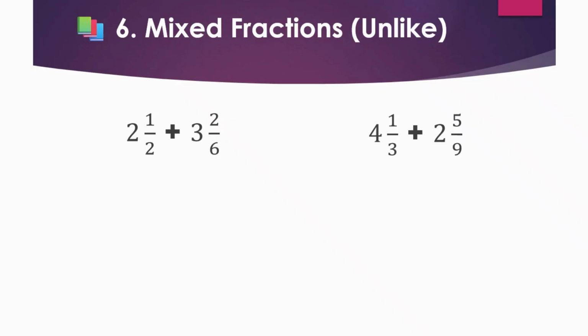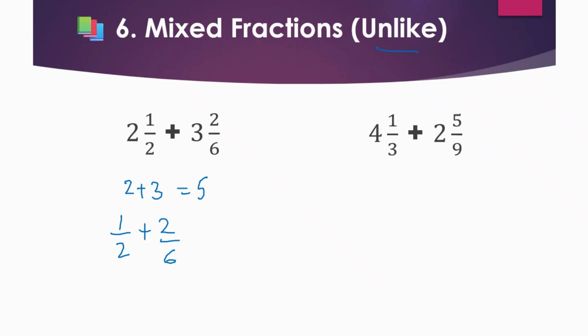Next we have adding mixed fractions with unlike denominators. Unlike denominators, as we know, are fractions with different denominators. So to add them, you will add the whole numbers first. 2 plus 3 gives you 5. Now to add the fractions, we can apply the butterfly method or we can use the LCM method.